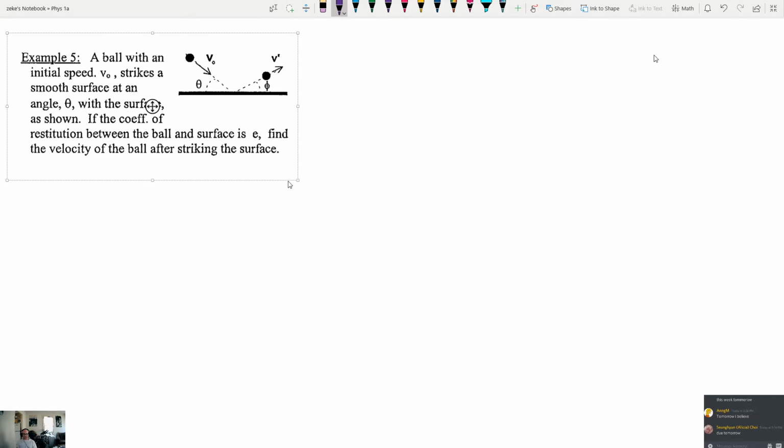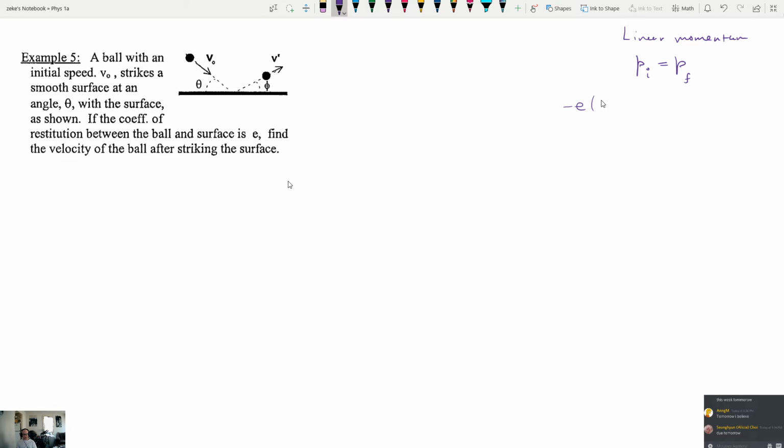So this goes back. This is the chapter on linear momentum. And in this chapter, we learned about conservation of linear momentum, which we've used today. It's a pretty powerful idea. But we also learned this equation, which relates the initial and final velocities of an object, looking at the perpendicular component of the velocity.